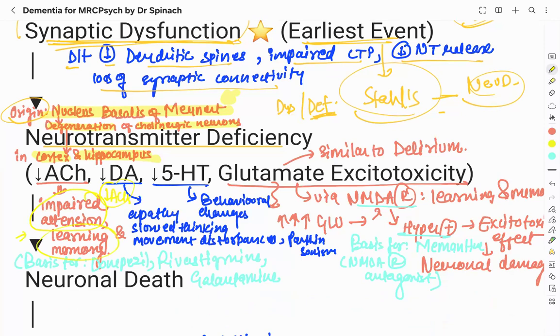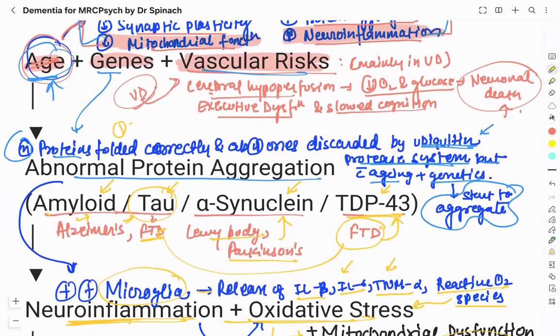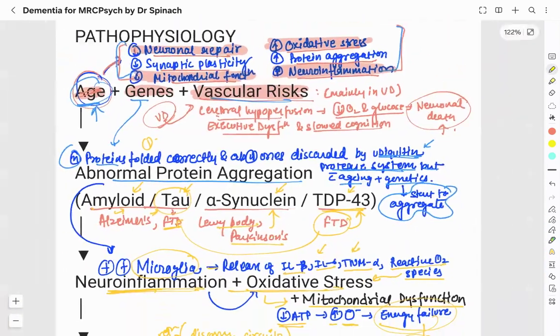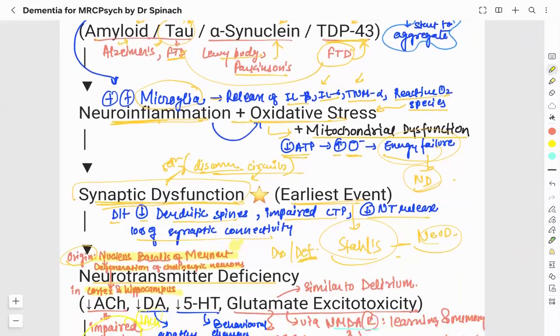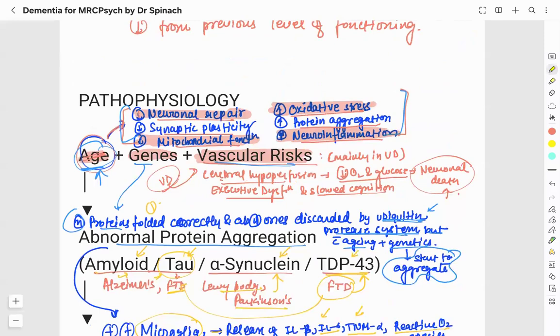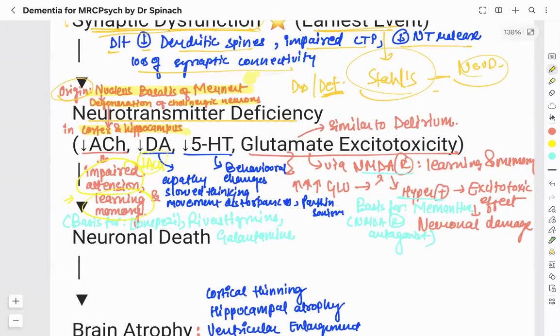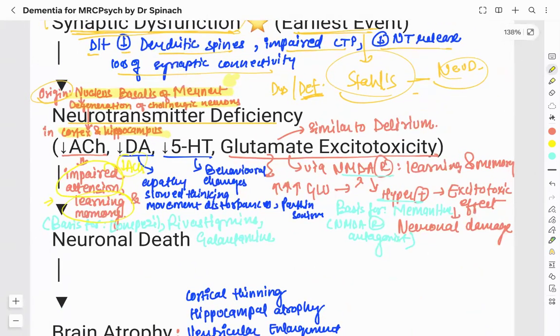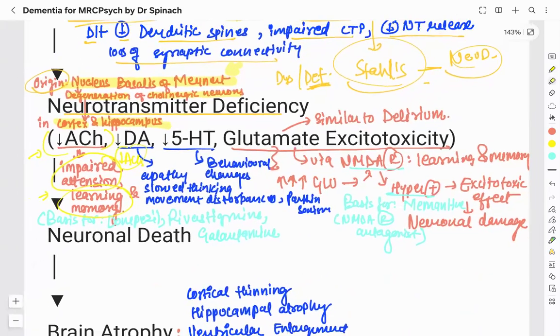So this is another hypothesis. We have already seen genes playing a role, because of which we have abnormal protein aggregation. Then we have vascular risks leading to all of the problems here. And we also have neurotransmitter deficiency, specifically acetylcholine, because of degeneration of cholinergic neurons, which leads to the same thing.